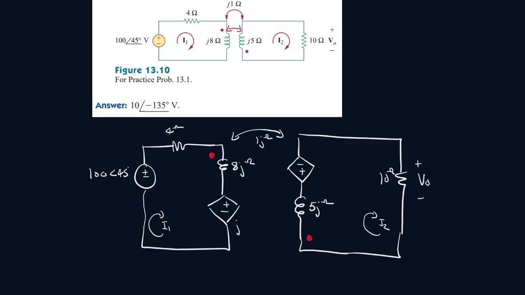I2 is entering the positive port of that, so it'll be jI2. And for this one, it's going to be 1 times j times the current entering through this port, which is I1, and it's entering from the positive port, so it'll be jI1.